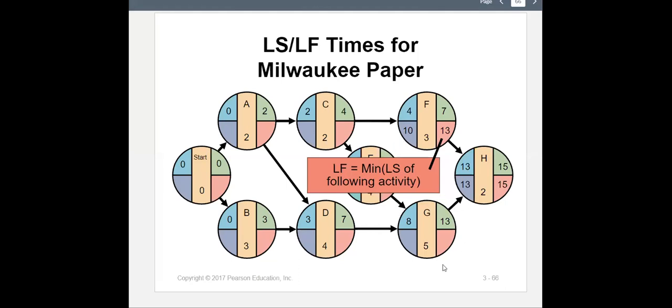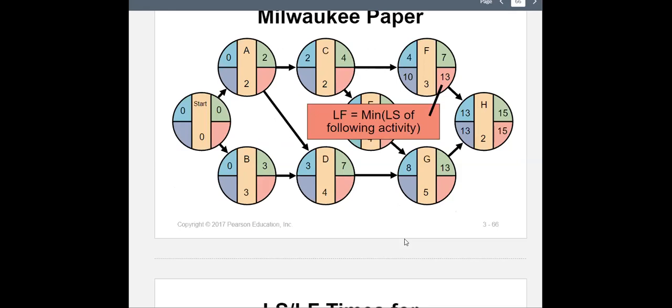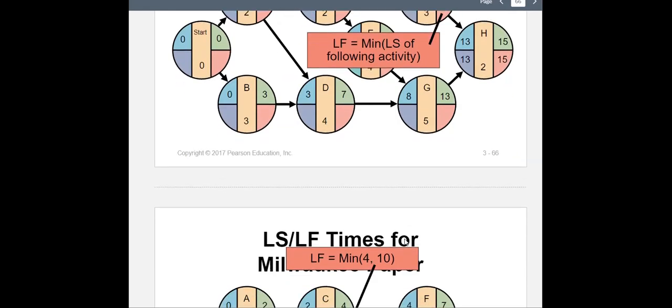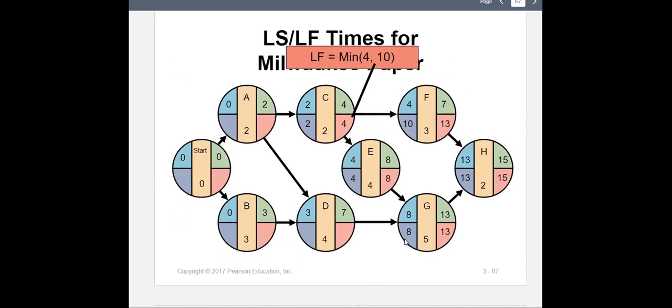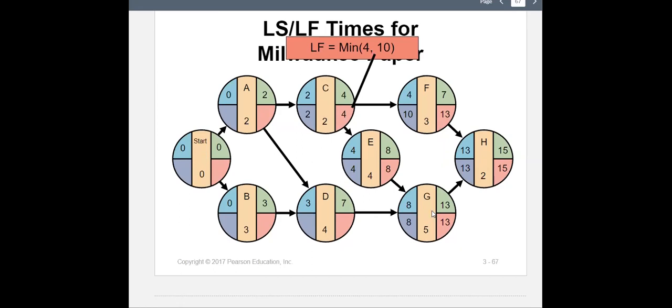We can do it for G as well. Again, there's just one, right? 13 goes here. 13 minus 5 is 8. Because there are 13 weeks maximum here, and 13 minus 5 is 8.